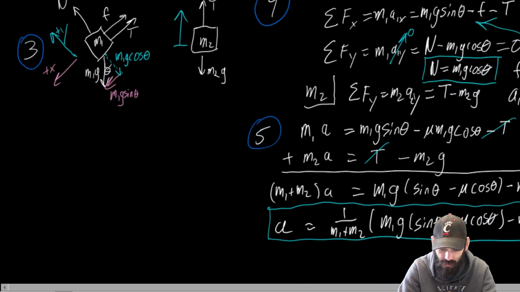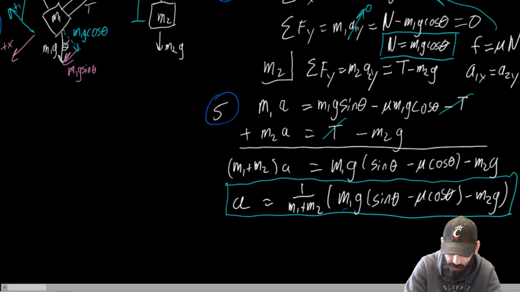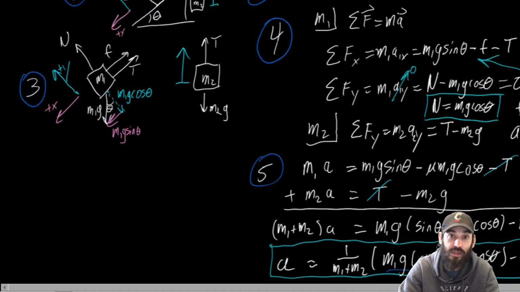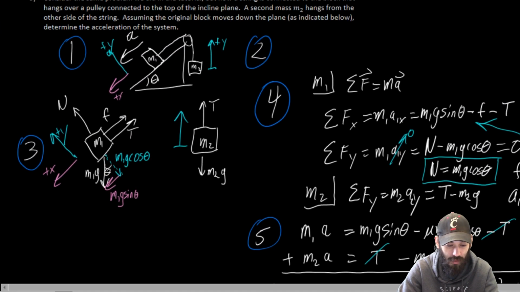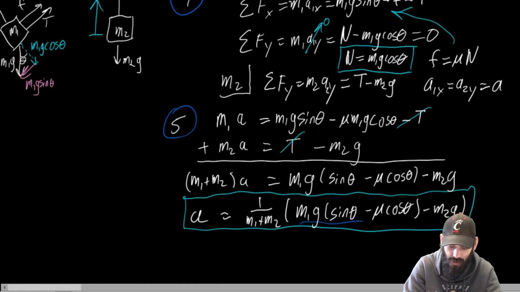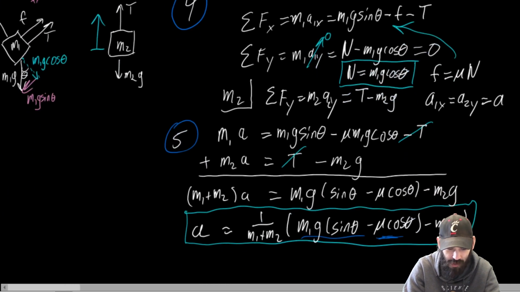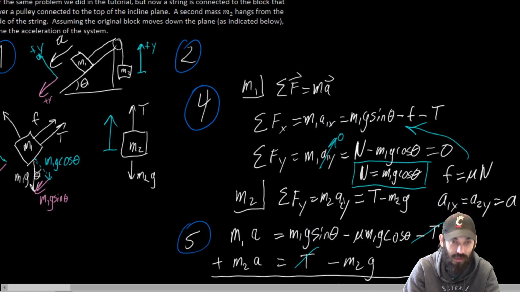And so that's just going to be this m1g times sine of theta. And what's going to be opposing that? Ultimately, it's going to be the force of friction along the plane, which is going to be the m1g times mu cos theta, and the gravitational force acting on the mass m2, right?